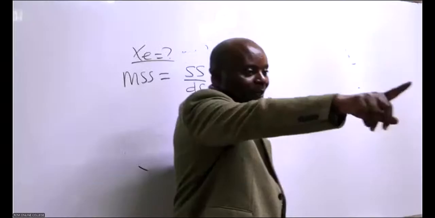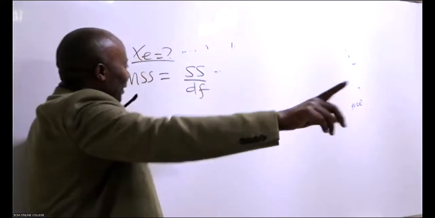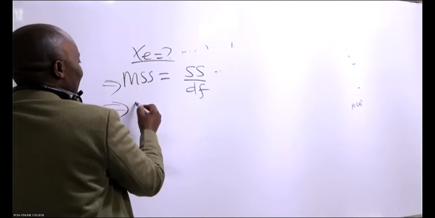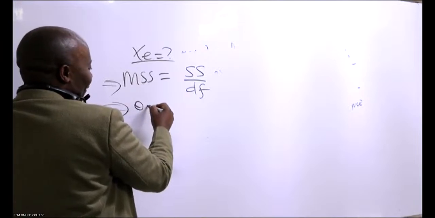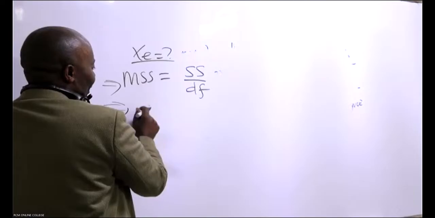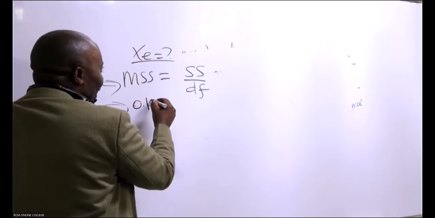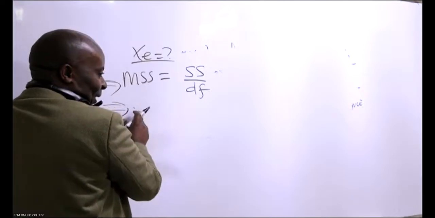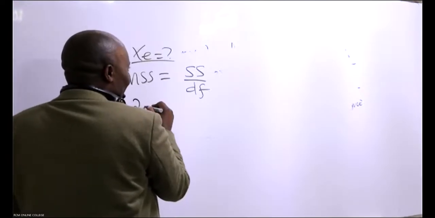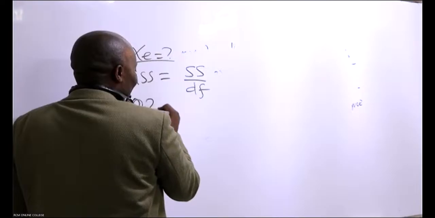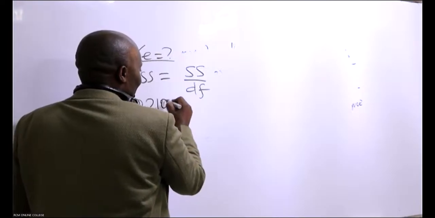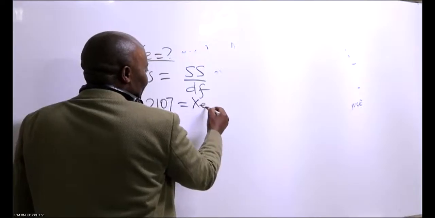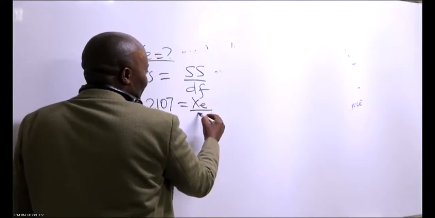I hope the new brother is able to get the question. Take care of the new brother. So MSS, 2.2107 SS, but degrees of freedom we have as 7.